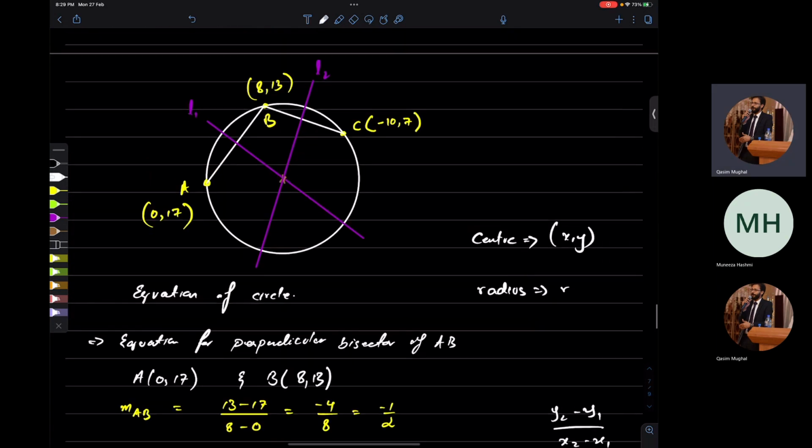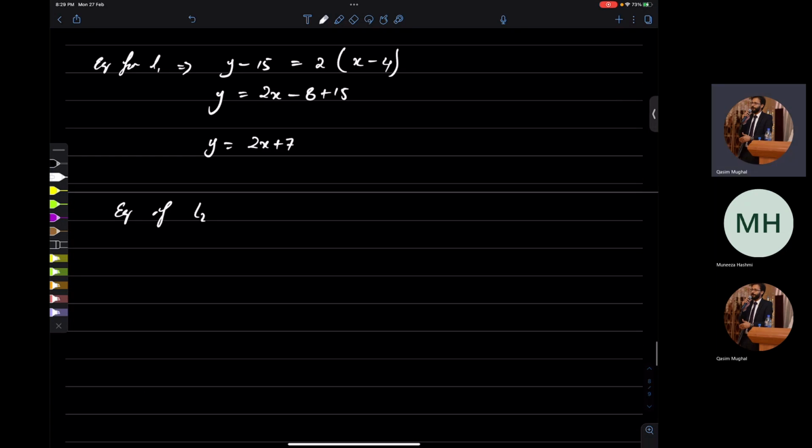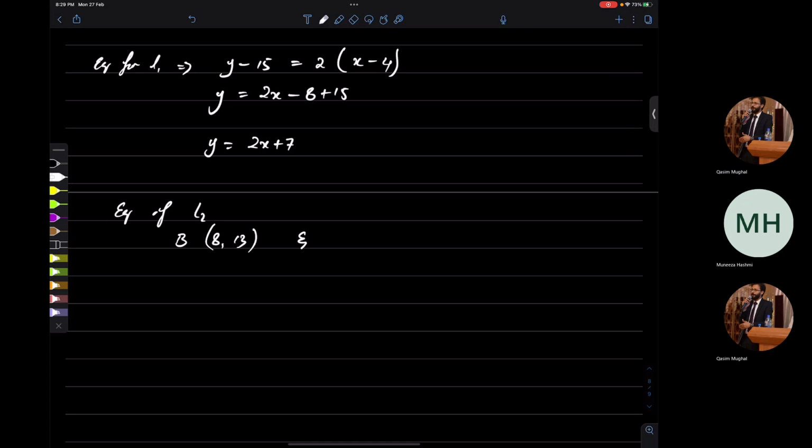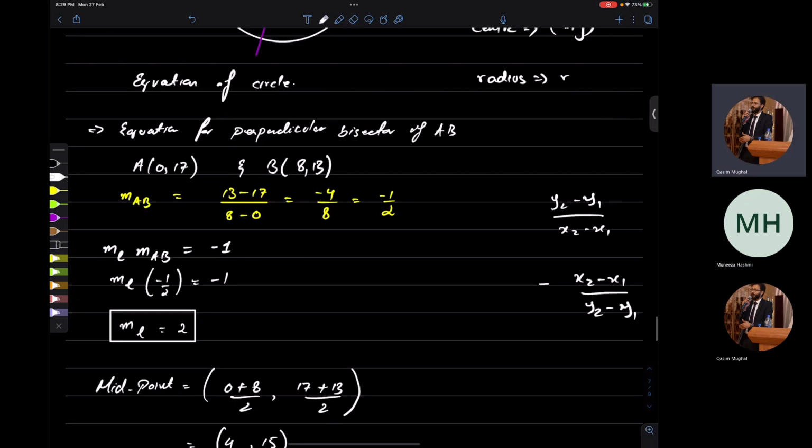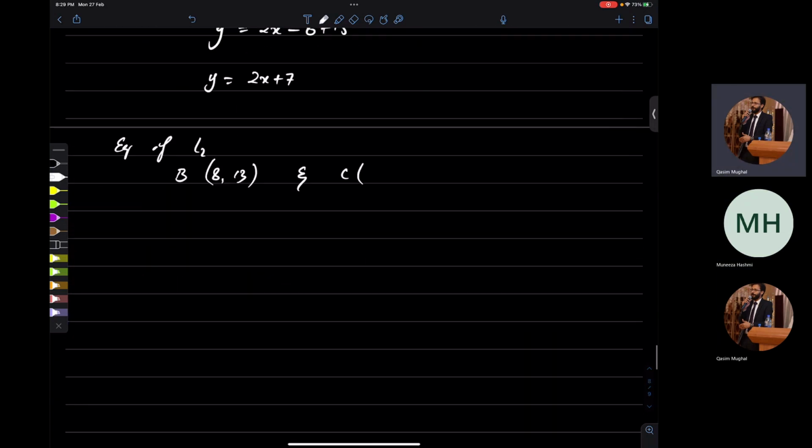All right, the coordinates for B are 8 and 13, whereas for C, they are -10 and 7.